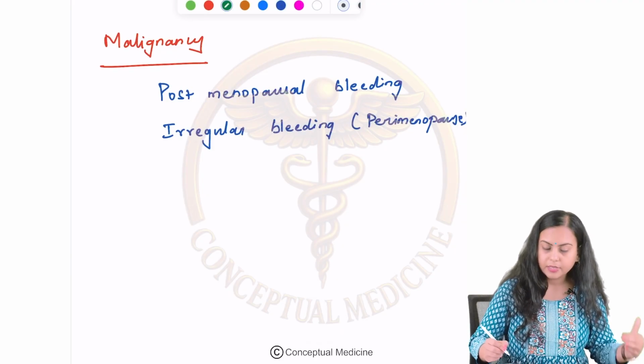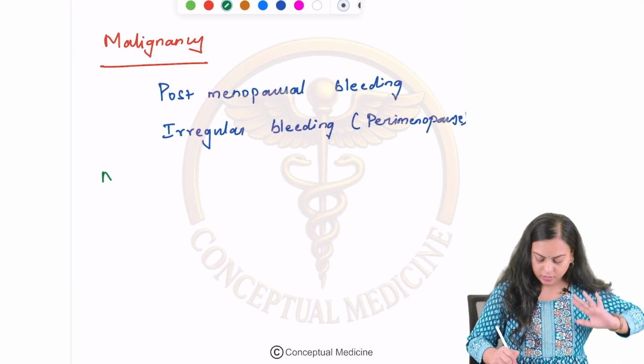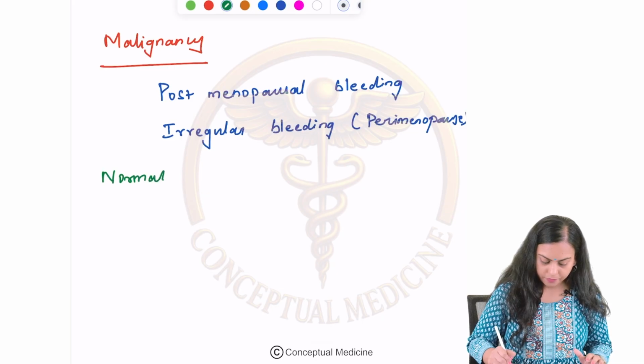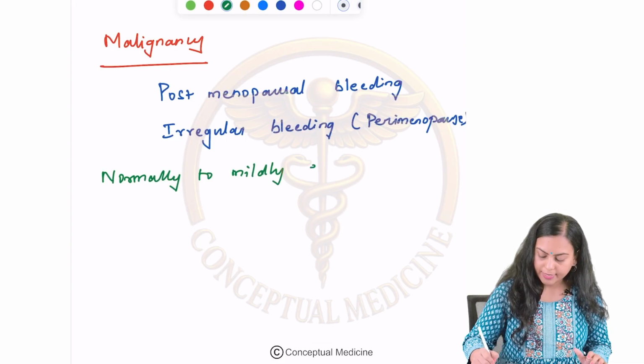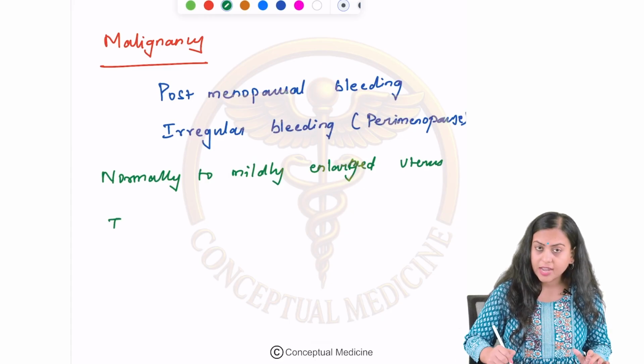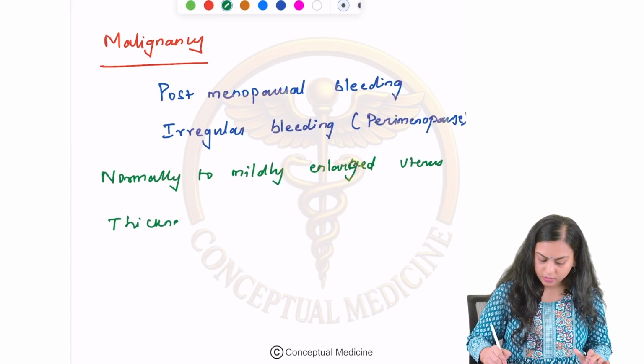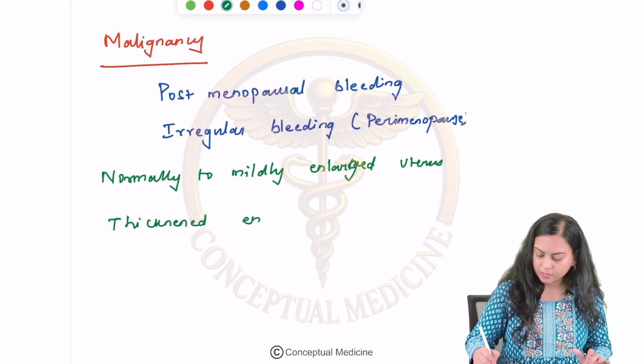Then here you have a normal to mildly enlarged uterus which has a thickened endometrium.